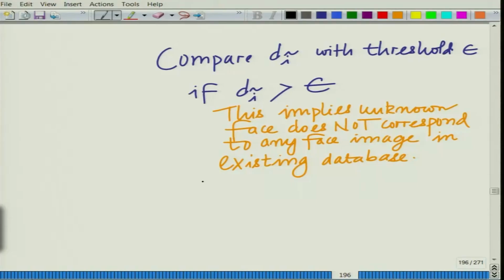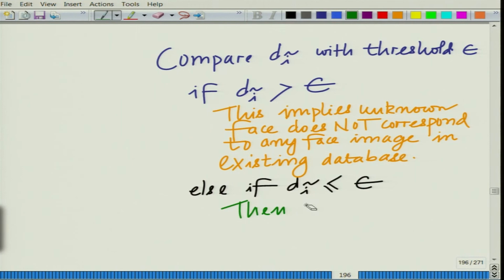On the other hand, if this di tilde is less than or equal to epsilon, then this matches to face I tilde, alright.